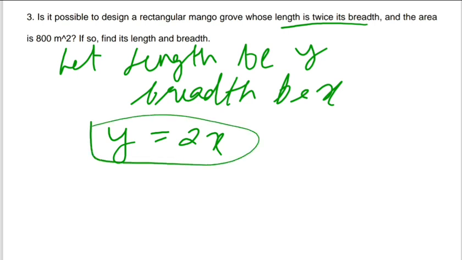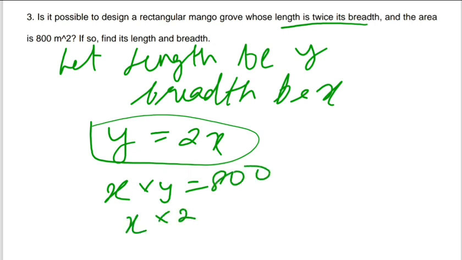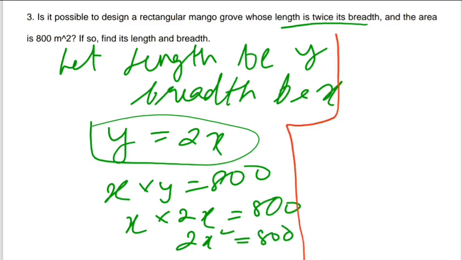And they are saying that area is 800 meters square. So we know that area of a rectangle is length times breadth, that is x into y is equal to 800. We know the y value, so x into 2x is equal to 800. We just multiply: 2x square is equal to 800.